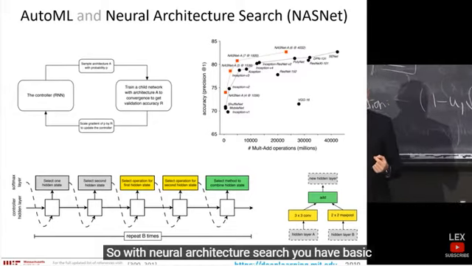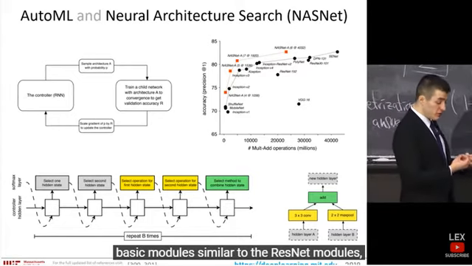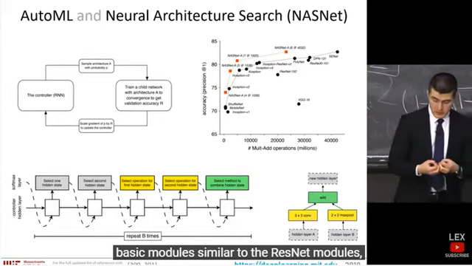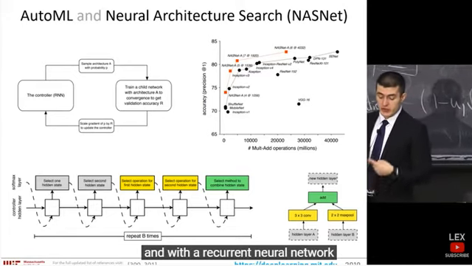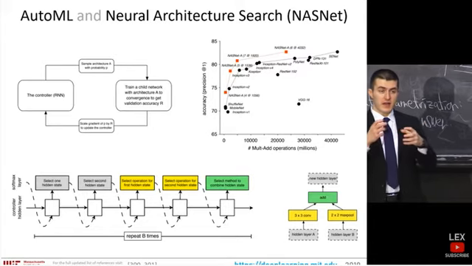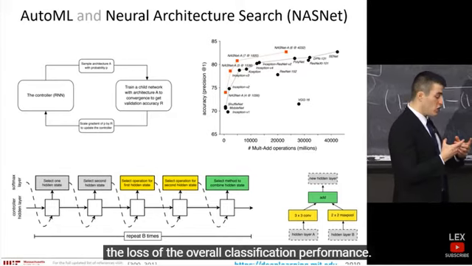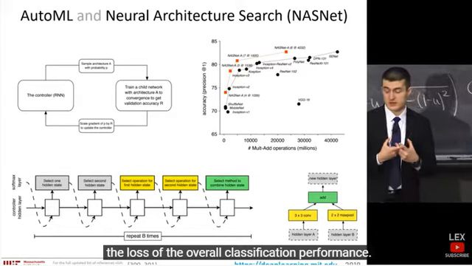So with neural architecture search, you have basic modules, similar to the ResNet modules. And with a recurrent neural network, you keep assembling a network together and assembling it in such a way that it minimizes the loss of the overall classification performance.